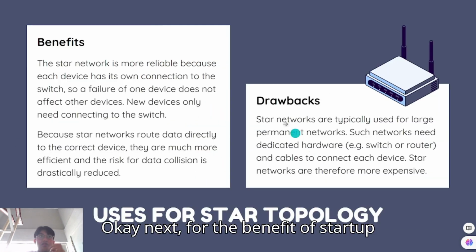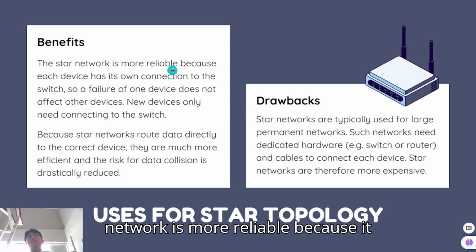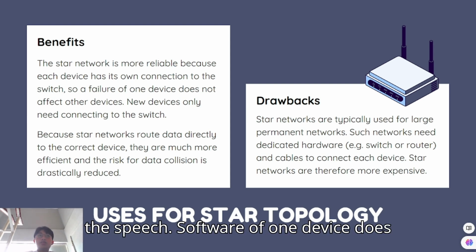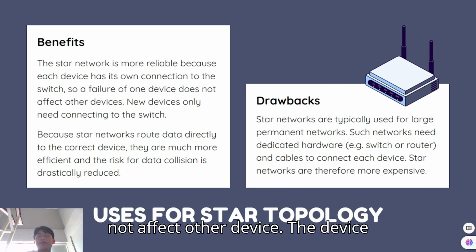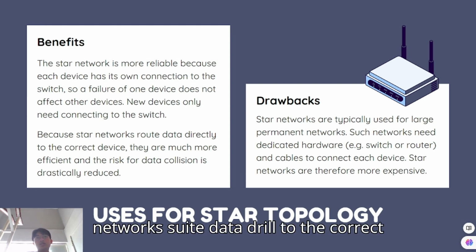Okay, next, the benefits of star topology. The star network is more reliable because each device has its own connection to the switch, so failure of one device does not affect other devices. Devices only need a connection to the switch because the star network routes data directly to the correct device.